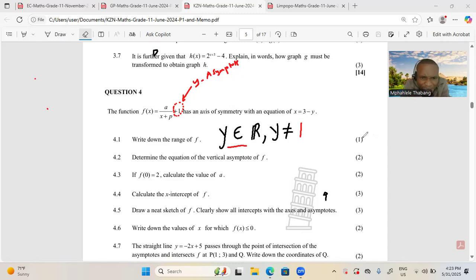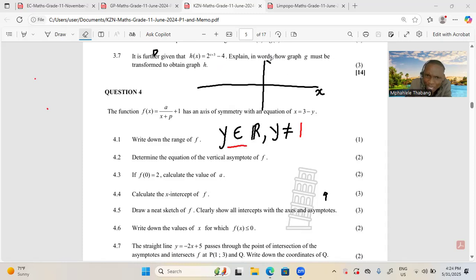Now they say, determine the equation of the vertical asymptote of f. Let me remind you, grade 11s, if we go to the Cartesian plane, we have the x-axis and we have the y-axis. And we normally say on the Cartesian plane, we need to show the asymptote.